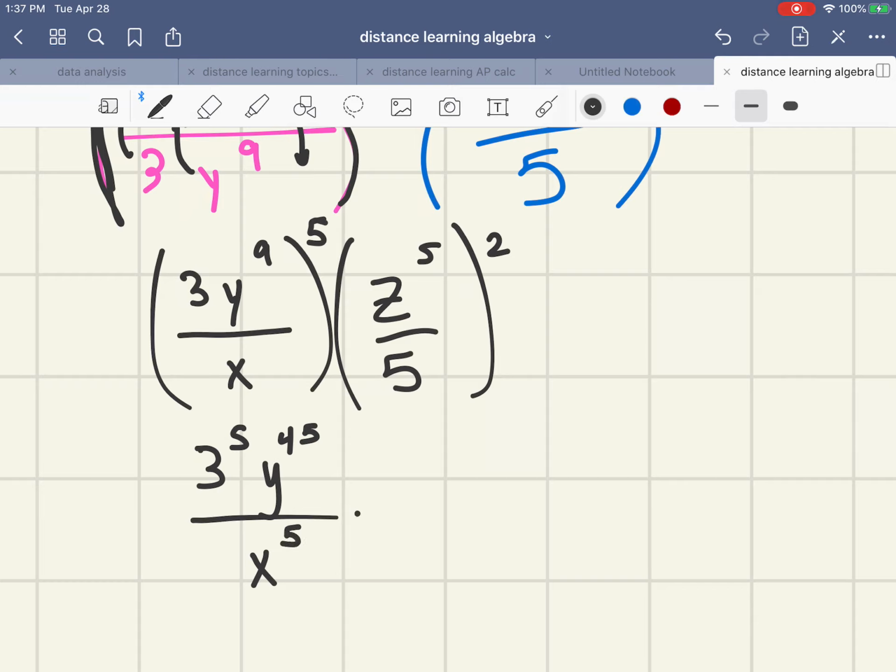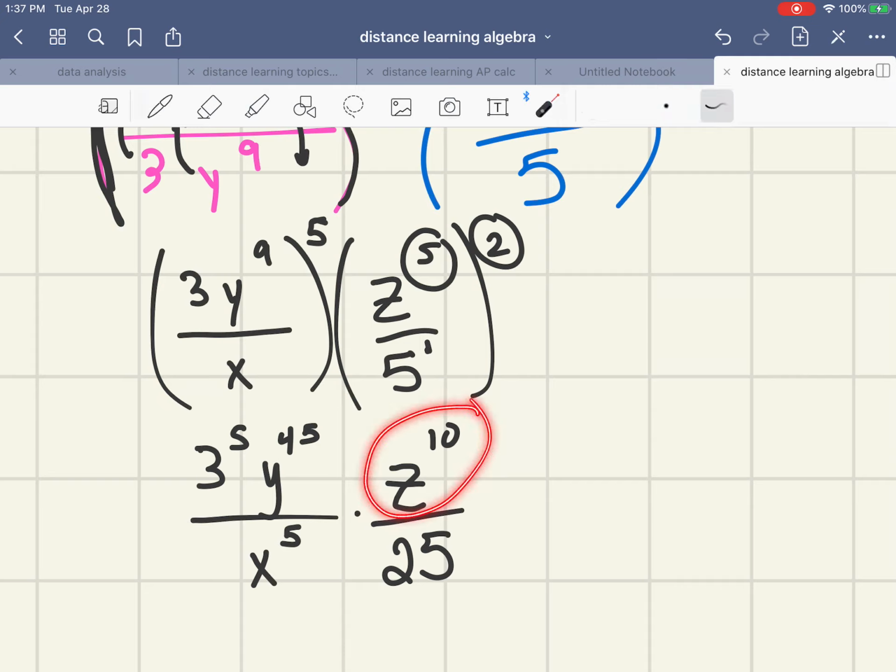And on the other side, I have z to the 5th to the 2nd, so I'm multiplying the 5 in the exponent times the 2 to get z to the 10th. And then I'm squaring 5, which we can jump right to and say 25.